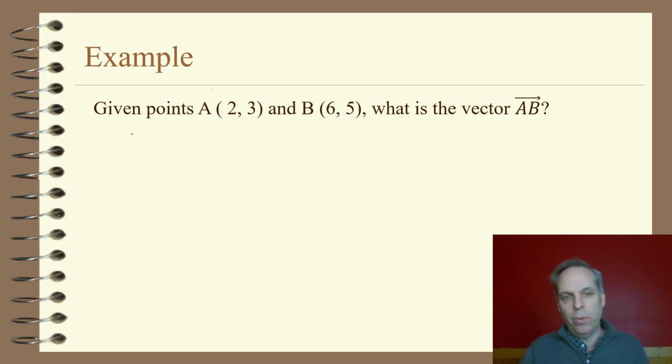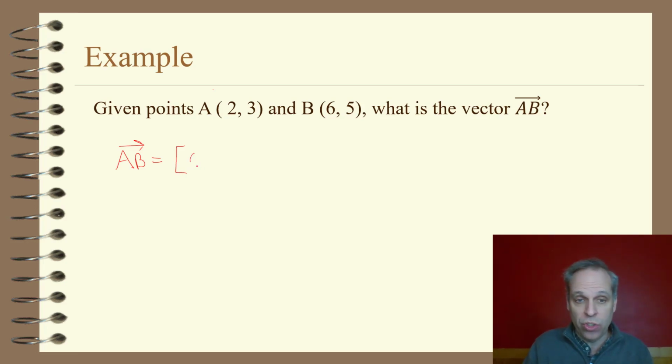So as an example, let's give it point A, which is (2, 3), and the point B, (6, 5). I want to know what the vector AB is. That's pretty easy, because the vector AB is just expressing the overall changes needed to go from point A to point B. So think about the change in x.